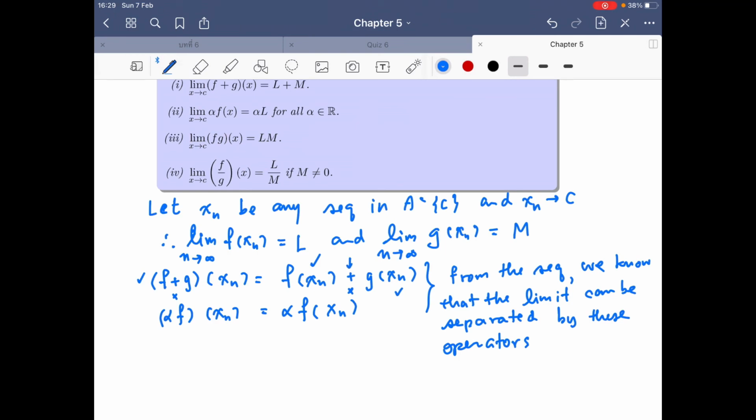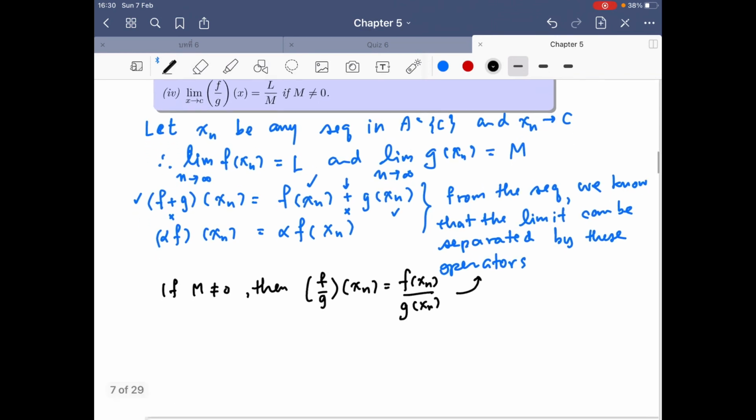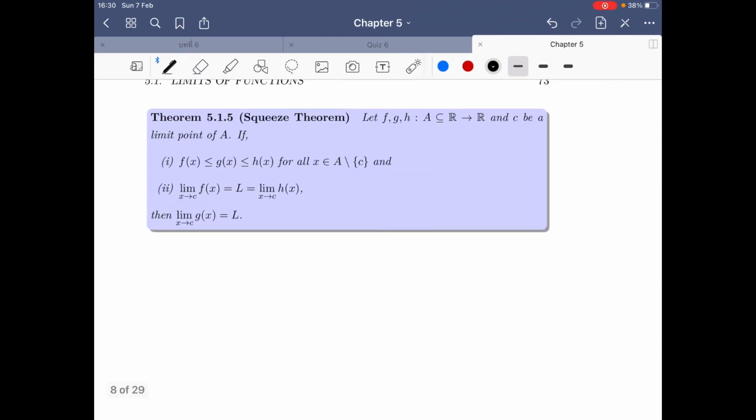However, for the last one, if m is not 0, f over g of xn can be regarded as f of xn over g of xn, and from the sequence chapter we know that the limits can be calculated separately and then divided.